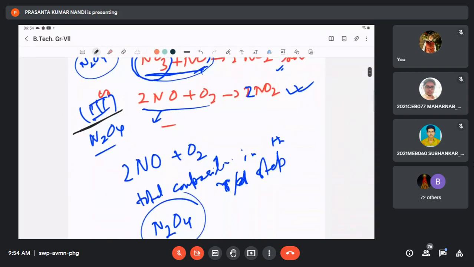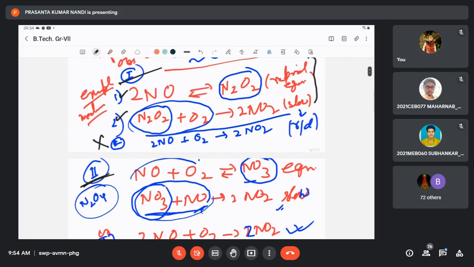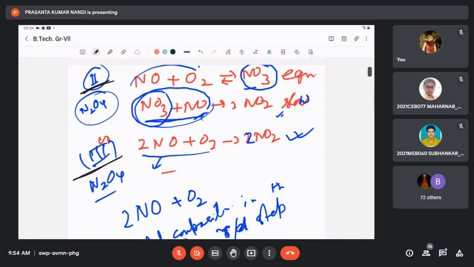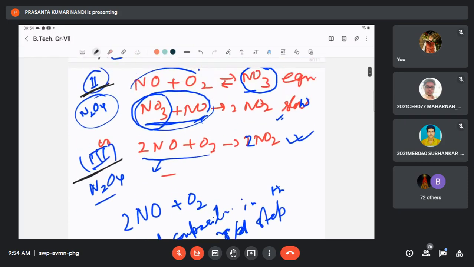Now look, how to proceed, how to explain the mechanism. In all cases, in the rate determining step, what is the total composition? It is given by N2O4. If you look at the first case, the second case, and case 3, which is a single step reaction, so there is no question of RD.